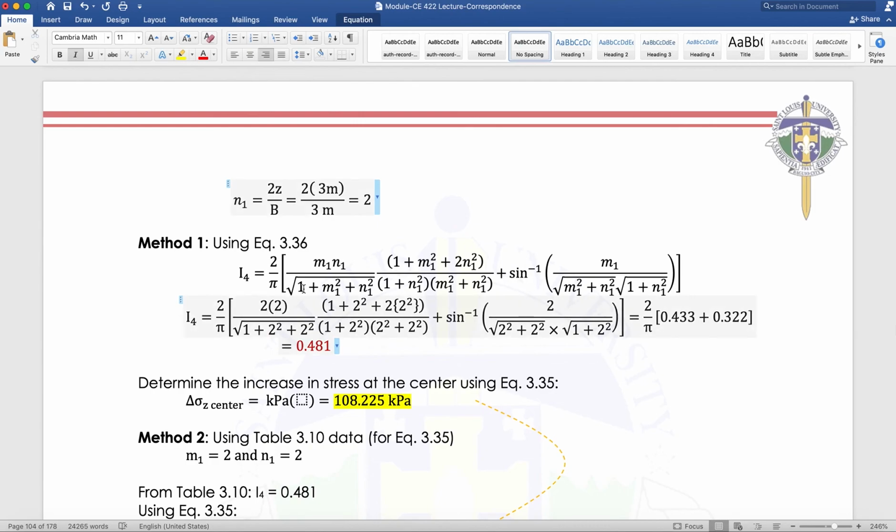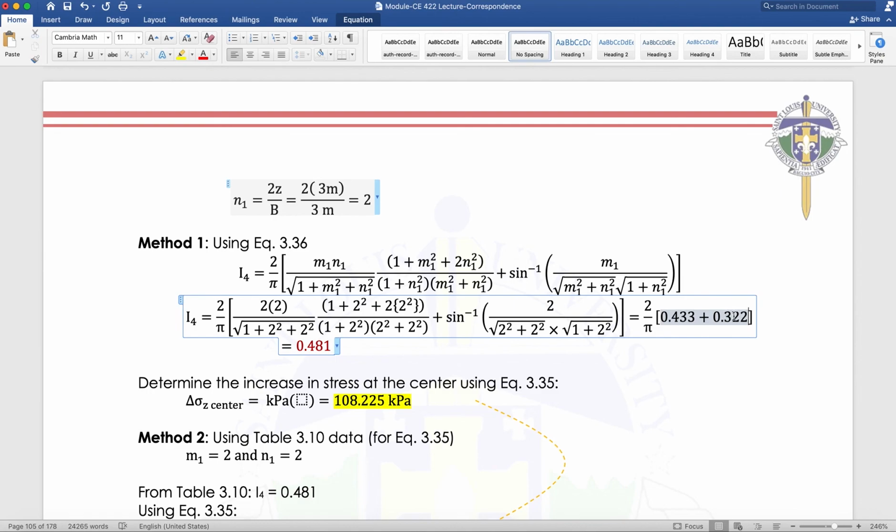So, substitute natin. And this will be our equation now. So, this is the first term. Simplify muna natin yung first term natin, and that is equivalent to 0.433. Then, for the arc sign or the second term, that is equivalent to 0.322.